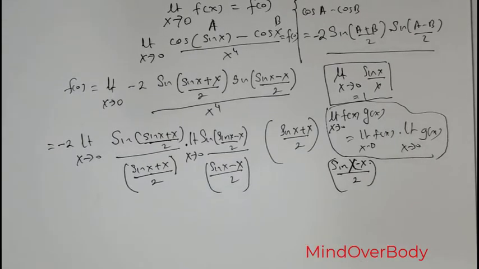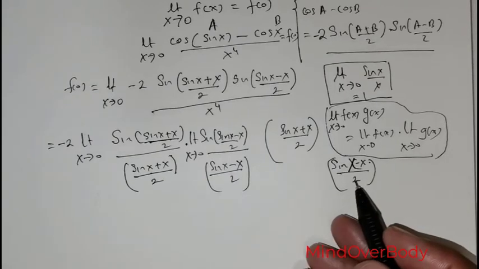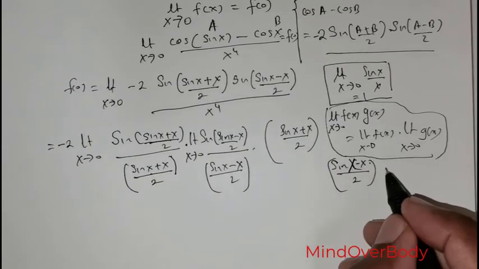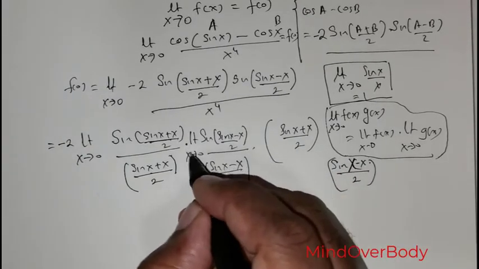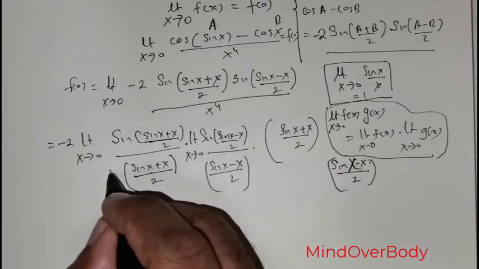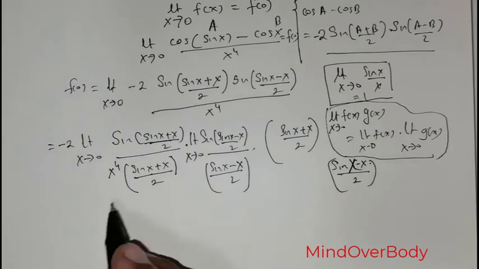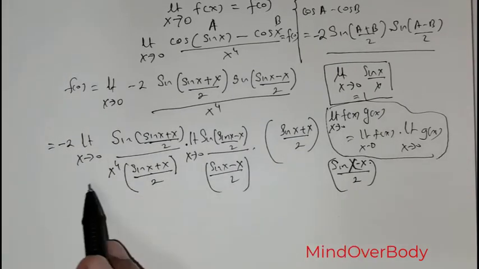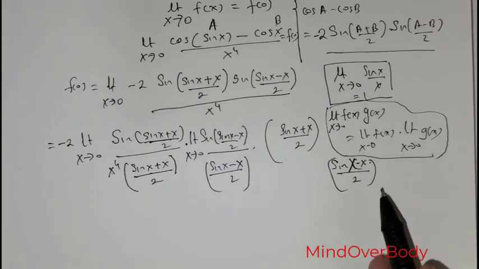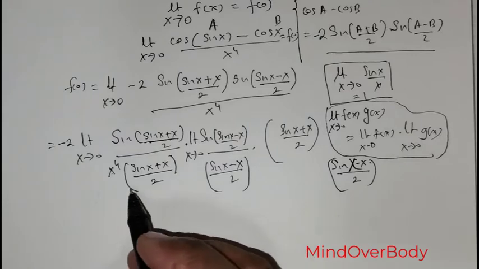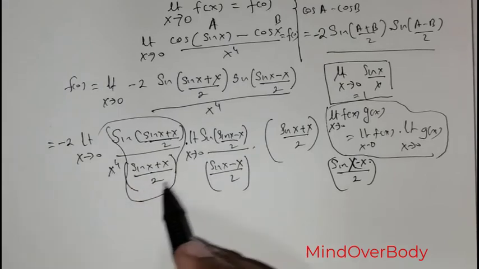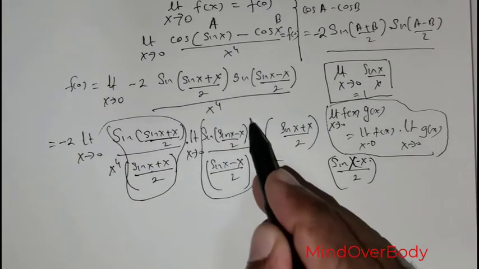With that being placed, we should also cater to that x to the power of 4. So I will just place that x to the power of 4 over here. Of course, when the limit is moving, the limit will not touch this x to the power of 4 because of the formula that we have. So when I apply limits, this entire component will be equal to 1, and this entire component will be equal to 1.